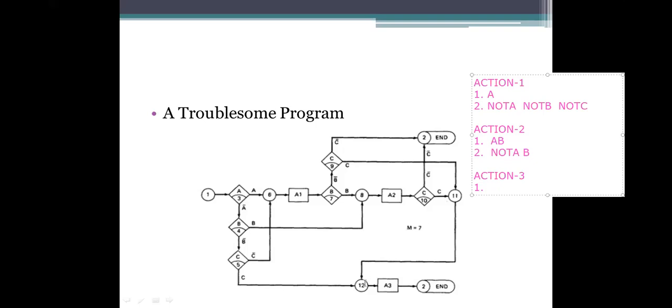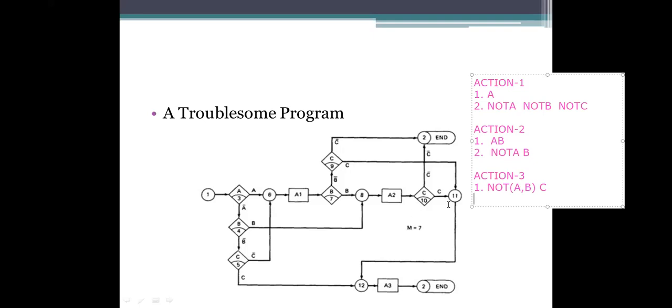There are 2 ways to reach action 3 from 12, which is not A, B, C. I am writing not A, not B, not C. Not A, B and capital C. That is the first one. Next one, the second one.